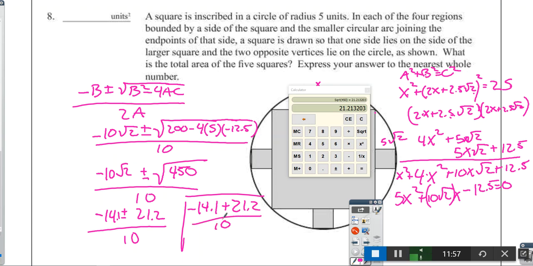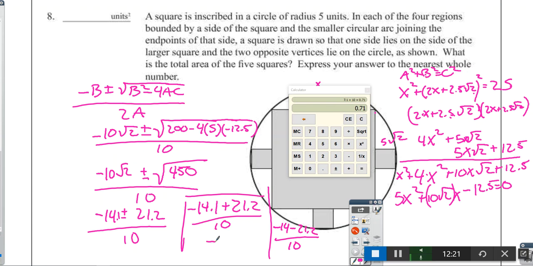And you also have negative 14.1 minus 21.2 over 10.